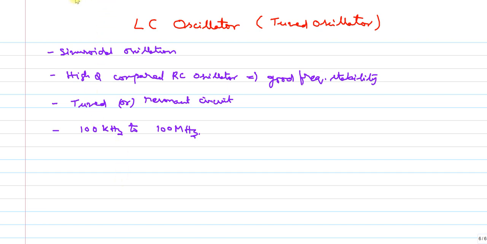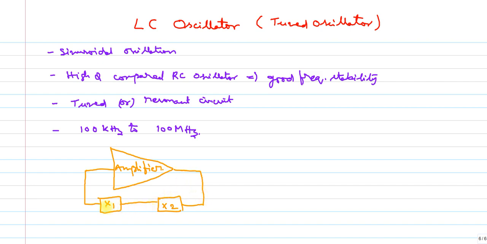So what is the diagram? The diagram is like this. We have one amplifier here, an op-amp, and from this amplifier, see the single line diagram, we have X1 here, X2 here, and finally X3 here.